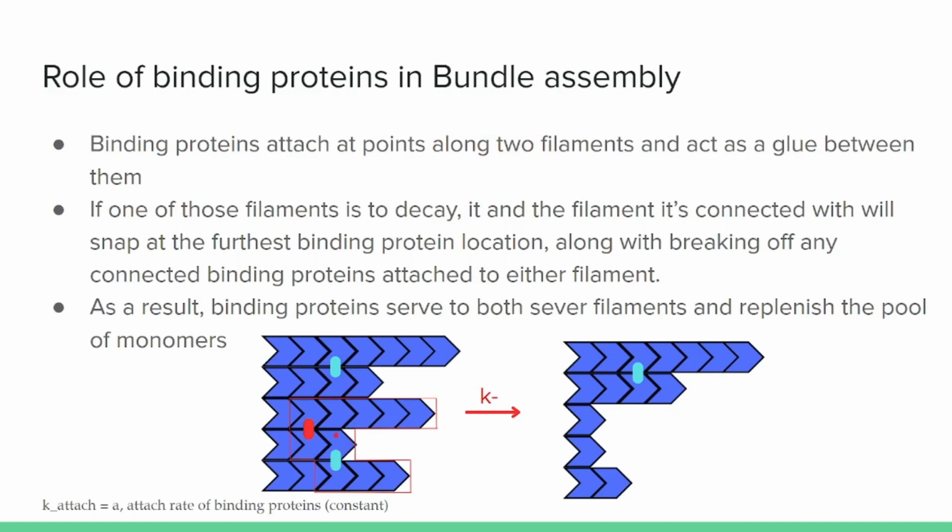Since the fourth filament is going to lose these 2 monomers, and this last monomer of the fourth filament is in effect glued to these 3 monomers here on the end of filament 5, those monomers will also have to decay if filament 4 is decaying as well, which as a result leads to the new bundle having extremely shortened filaments 3, 4, and 5. Also, we define K attach as A, which is the attachment rate of binding proteins, and A is just a constant.